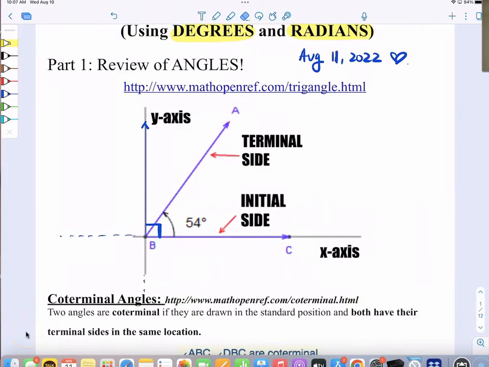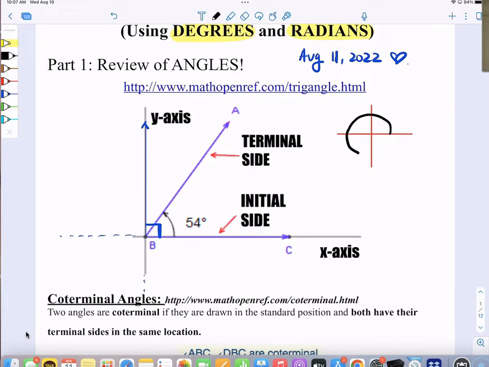So now that you think you know what an angle is, let's go ahead and draw an axis. I'm going to draw this axis here, a y-axis and an x-axis. And I'm going to start at the x-axis, which is my initial side, right? I'm going to go around and end here.